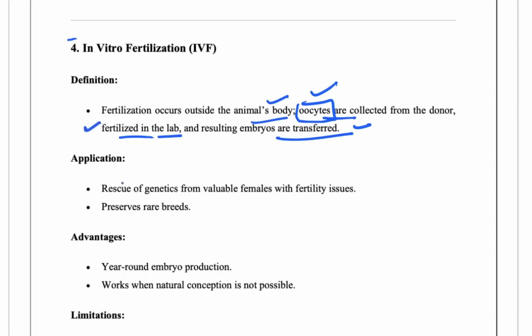Now, what is the application? Application is the rescue of the genetics from valuable females with fertility issues. Sometimes the female cannot carry the pregnancy due to some constraints, or fertilization cannot happen in the body of the female. The female has a fertility issue, so you collect the ovums, right, and preserve the rare breeds.